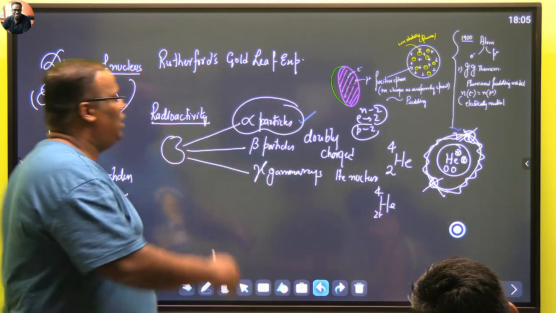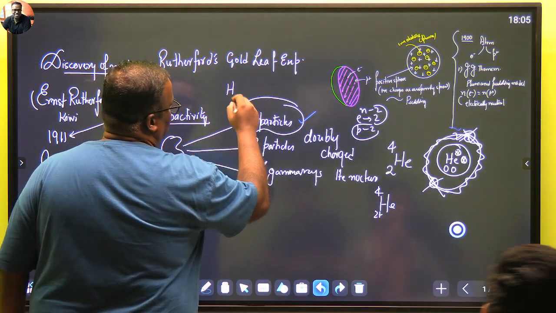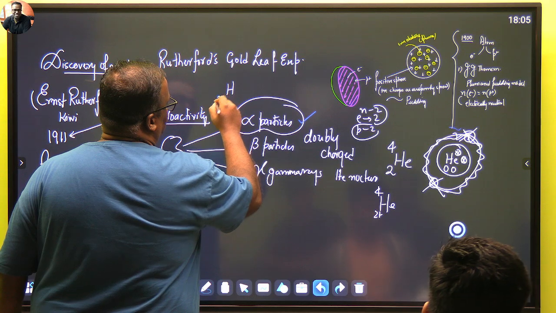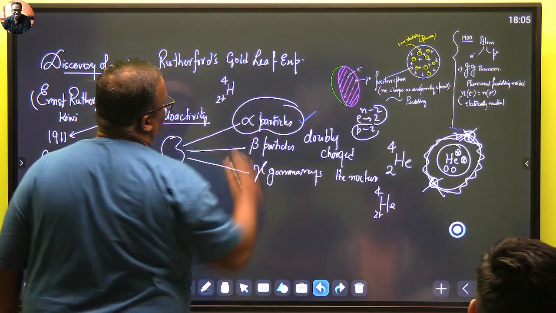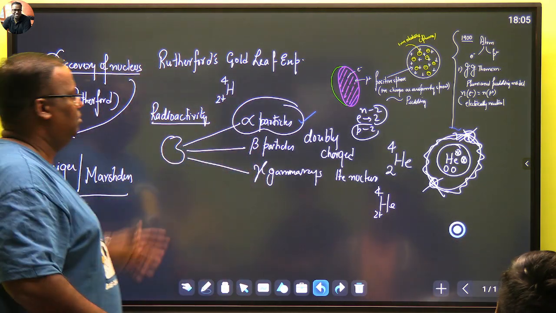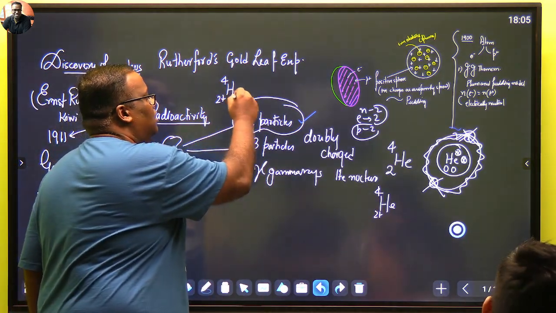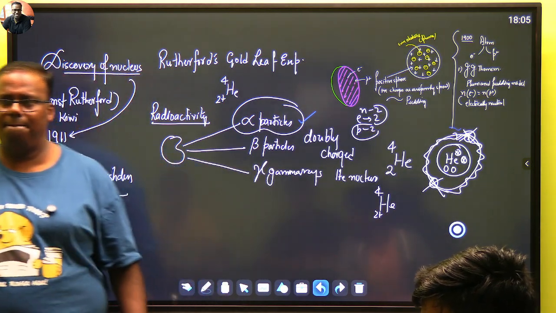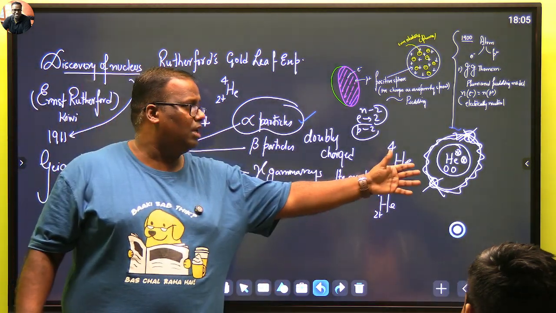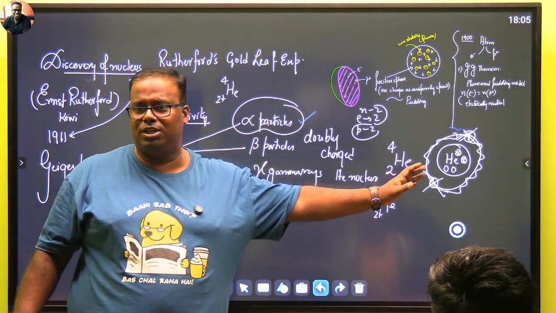ठीक है? So whenever we talk about 2He, He2 plus 4, this is actually my alpha particle. Yes. Then it will not exist, right? Because it will not balance. Don't look it from helium's perspective.